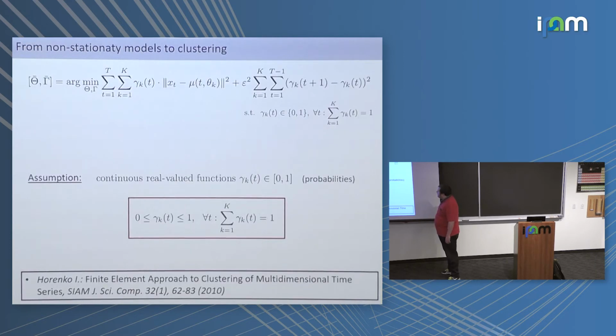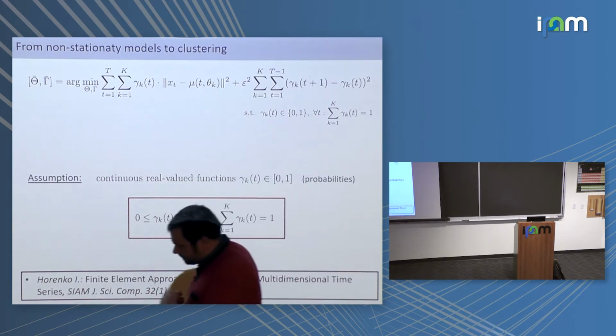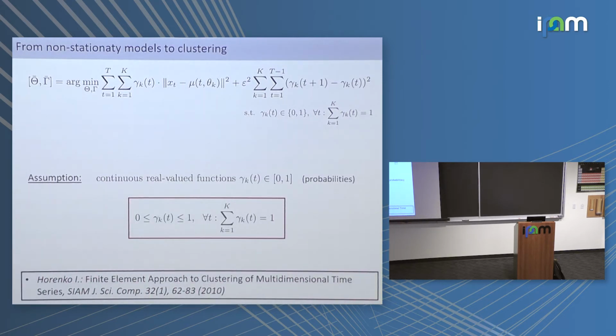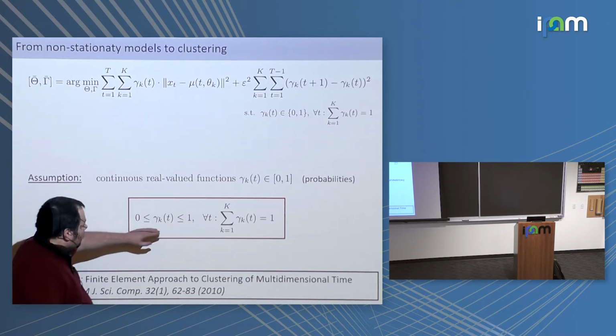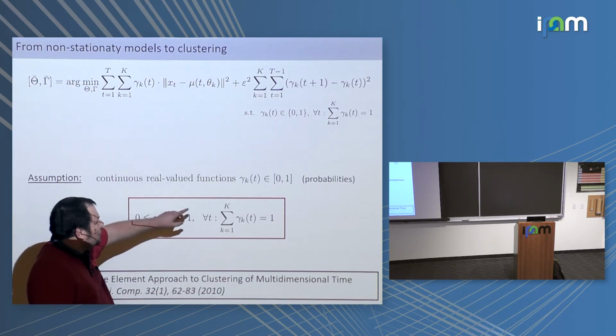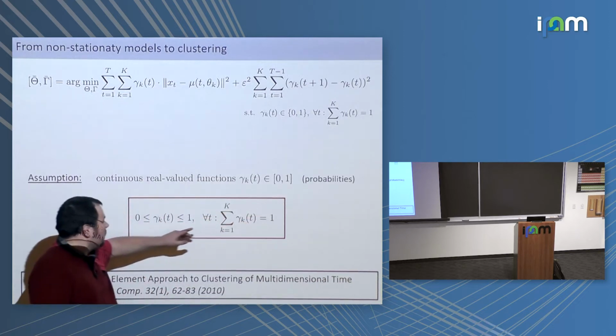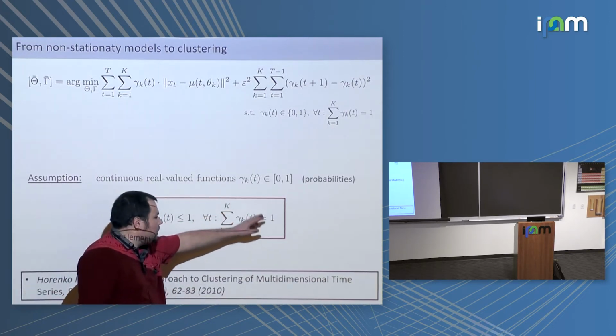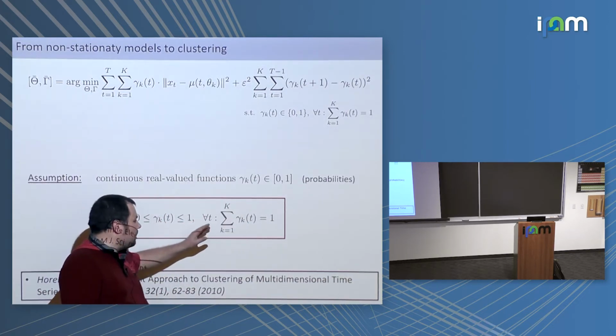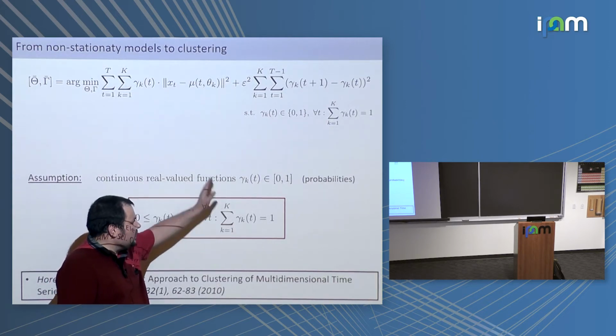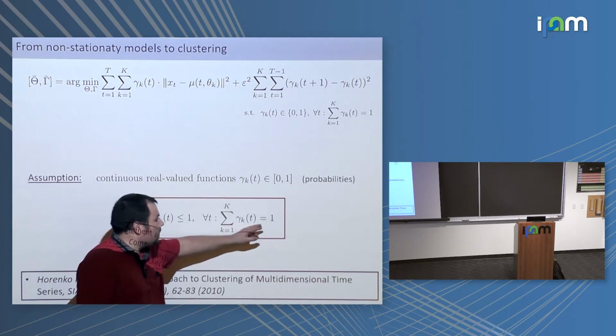Yeah, exactly. Another assumption: we don't want to solve the binary optimization problem, so we will relax our affiliation. We take the continuous gamma from 0 to 1, and still we will assume that when we sum these gammas in each time step, then we will obtain 1.